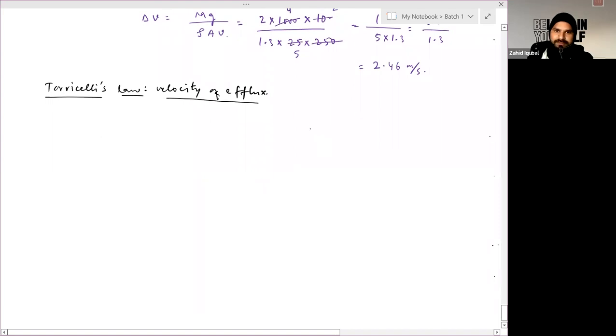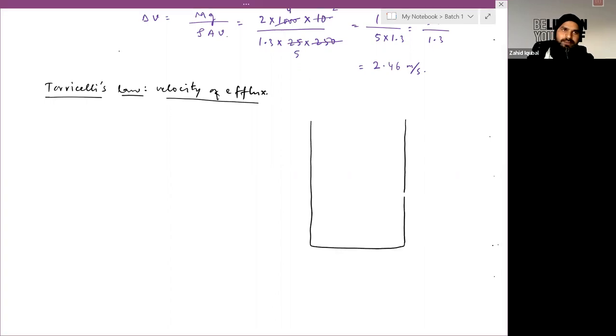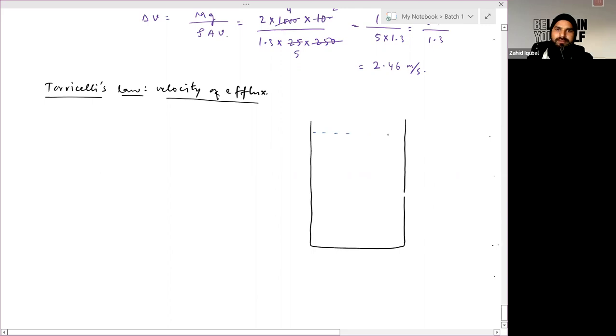Suppose you have an open tank in which there is a hole and liquid is filled up to this point.